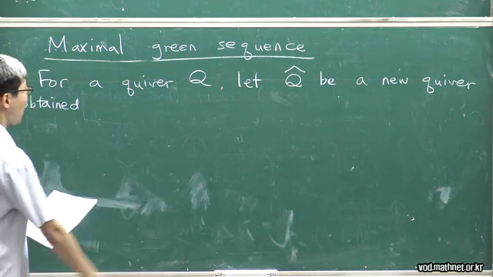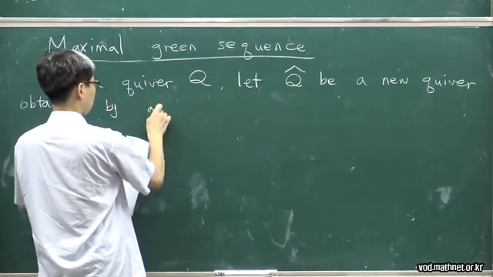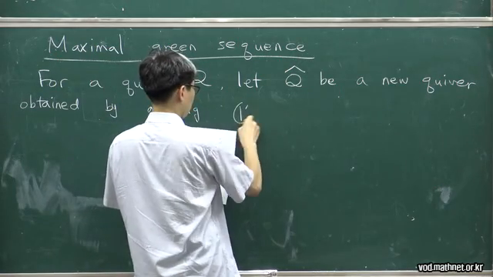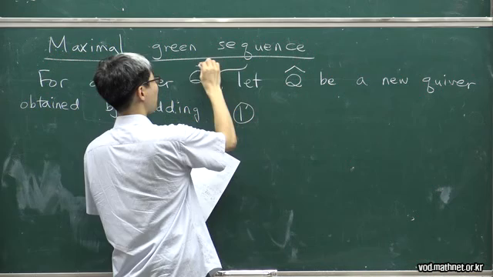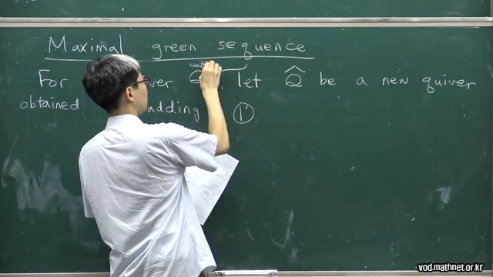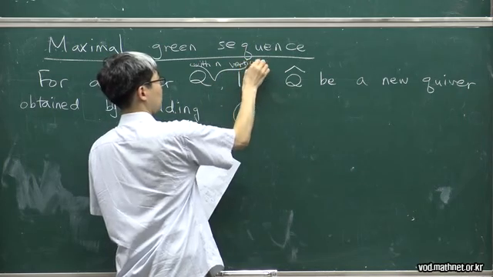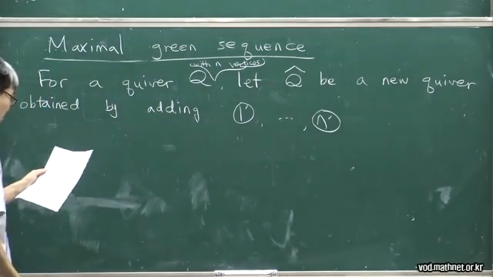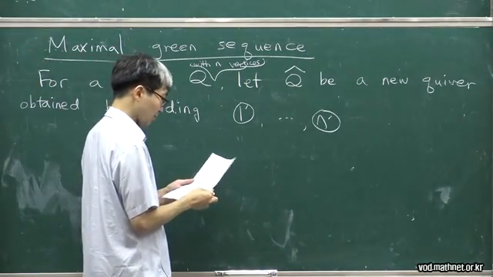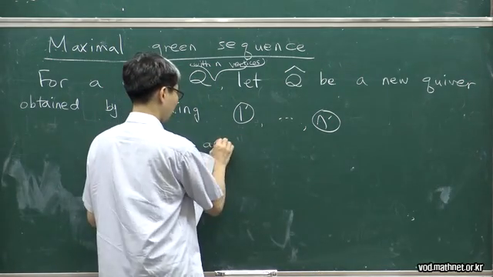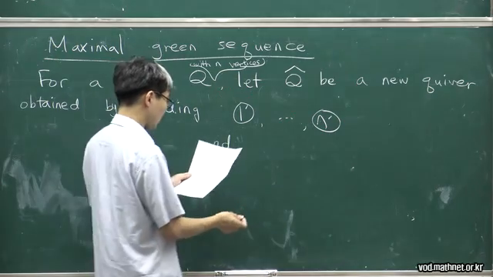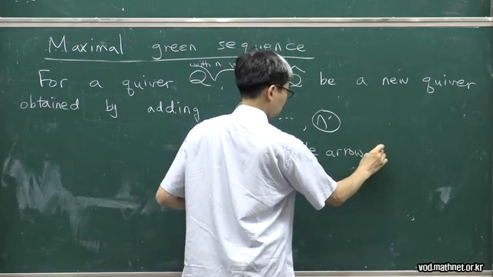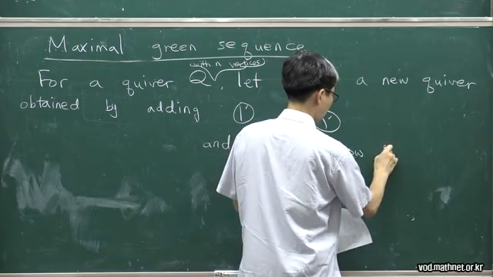And let Q hat be a new quiver obtained by adding... my quiver has n vertices, and I add another n vertices, labeled by 1 prime through n prime, and then also another arrows from n.